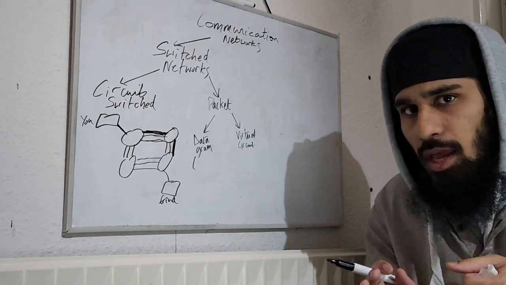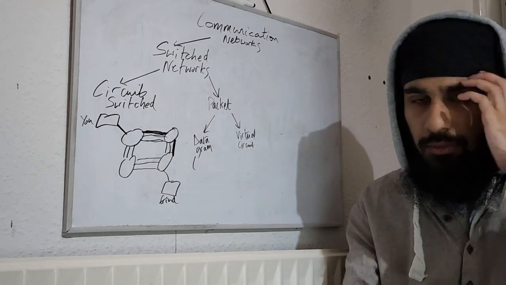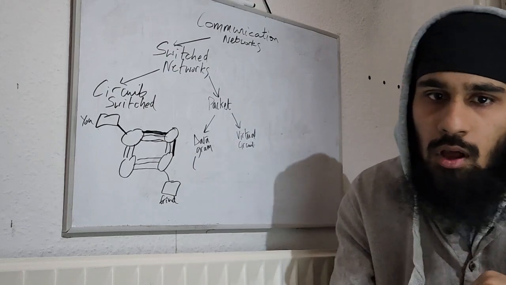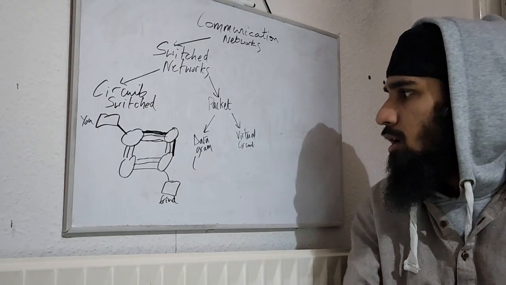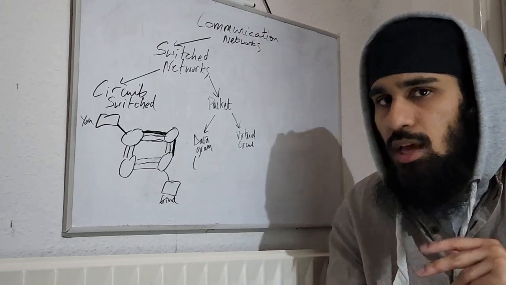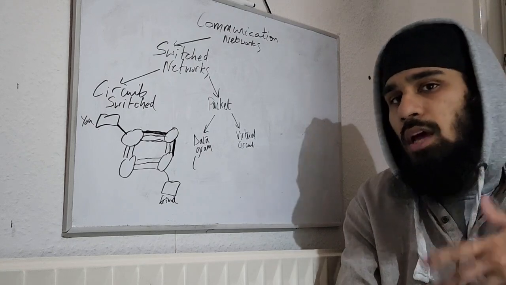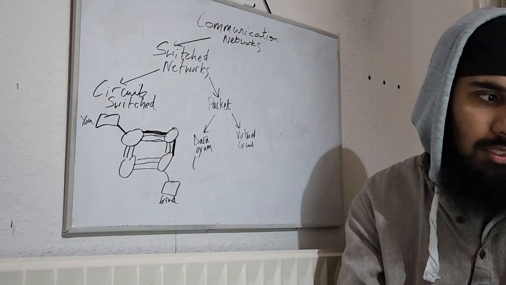The route might change depending on the traffic. If there's more congestion in one route, you can change that route. But for virtual circuit, that is not possible. It's already determined that this is the route that the packets are going to take. It's not going to change.